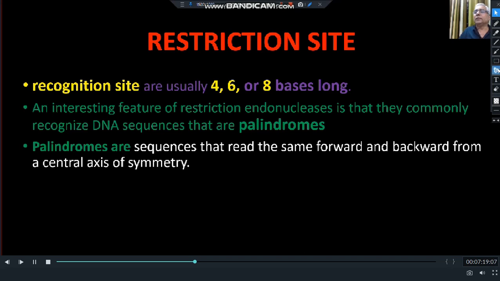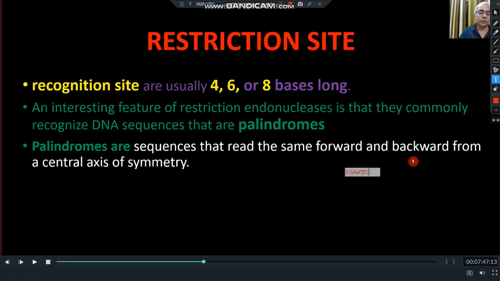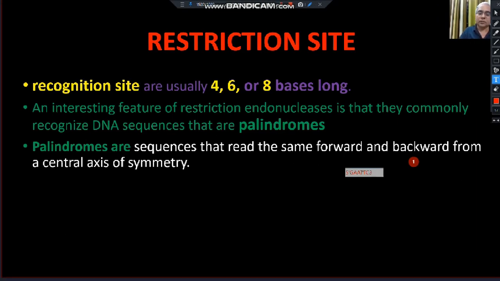For example, suppose that there is a sequence from the 5' end G A A T T C, and this is the 3' end.